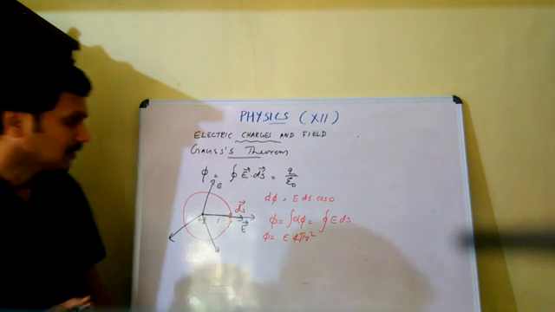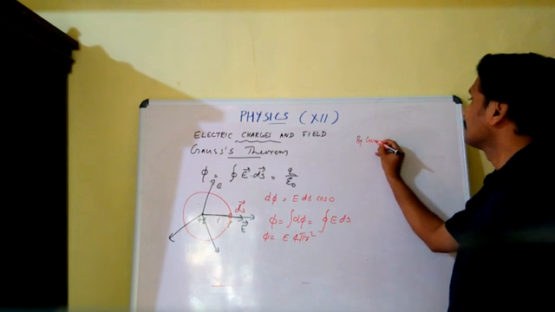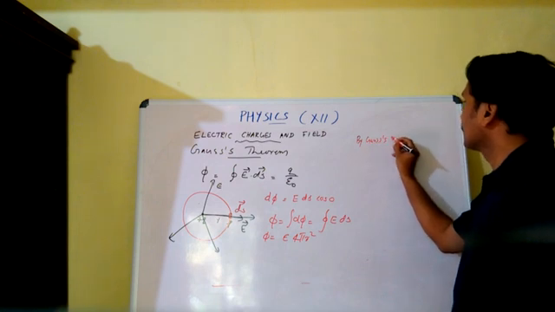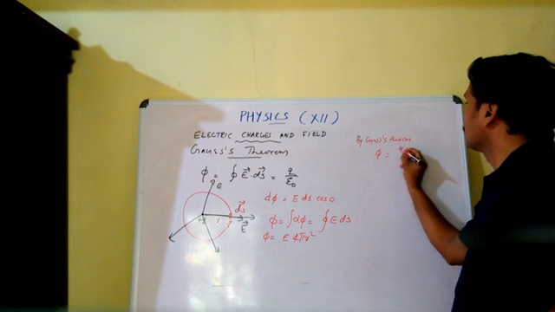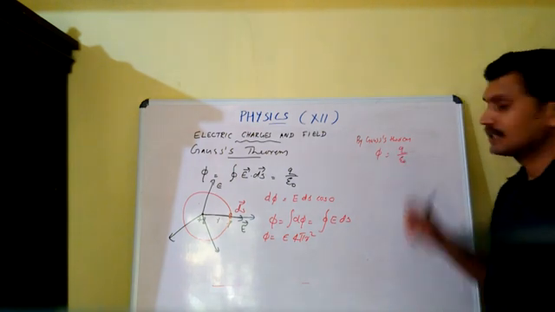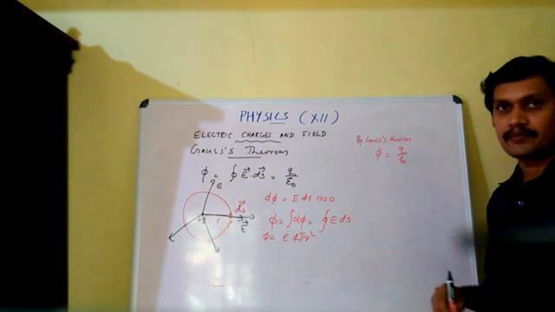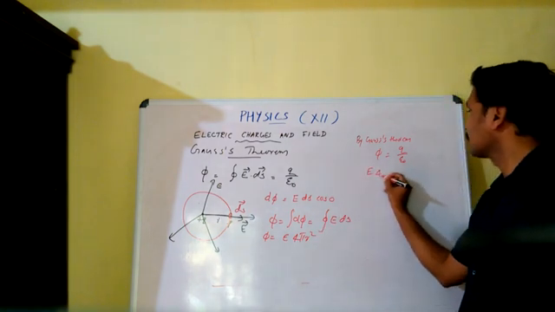Now, by Gauss's theorem, the flux is equal to Q by epsilon 0. We equate the flux with Q by epsilon 0. We already calculated the flux: E into 4 pi r square.